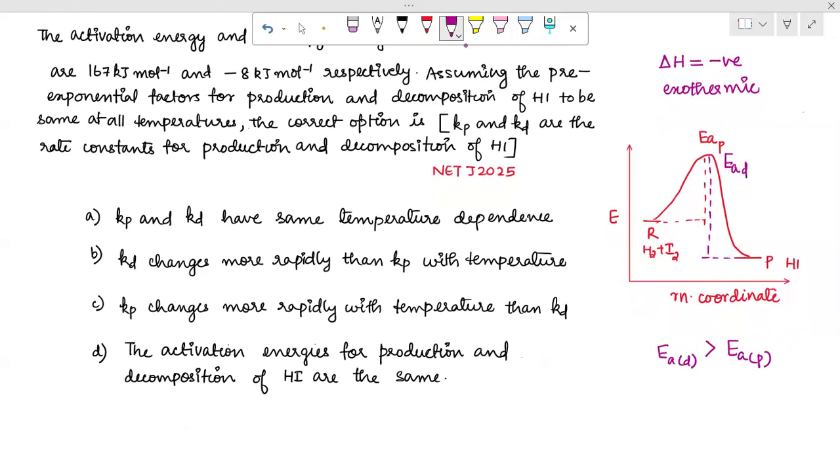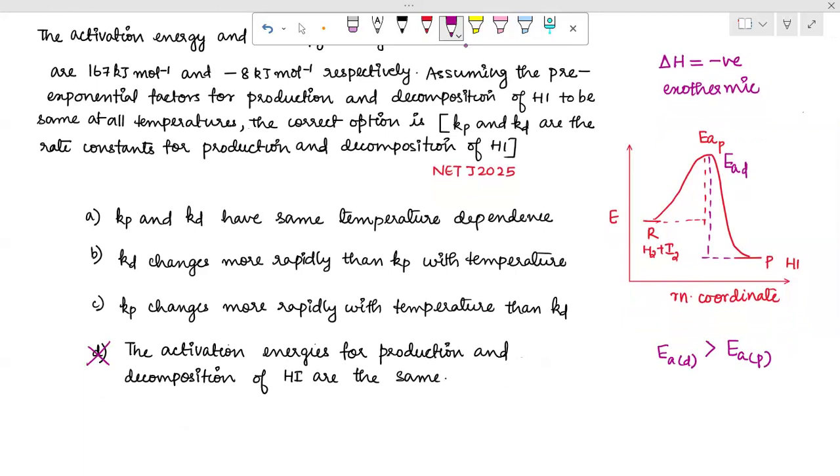So of course, option D is not the correct answer because in option D, they have said that the activation energies for the production and the decomposition of HI are the same. It's not the same. The activation energy for the decomposition is higher. Okay. Now there are two ways in which you can solve this problem.